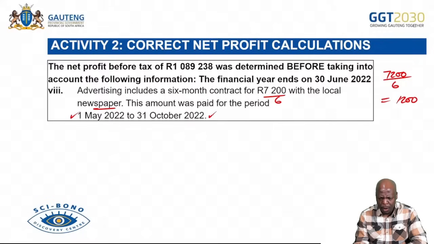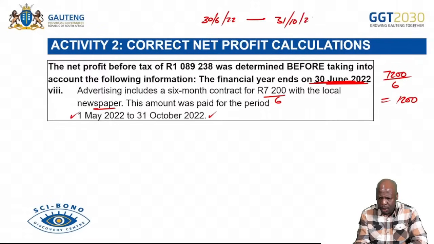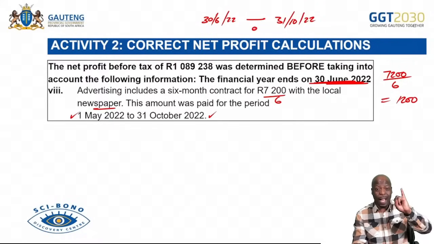Okay, so we know our financial year ends when? On 30 June. So if it's ending on 30 June 2022, yet it's been paid to 31 October 2022, this is our problem here. We're going to count July, August, September, October.